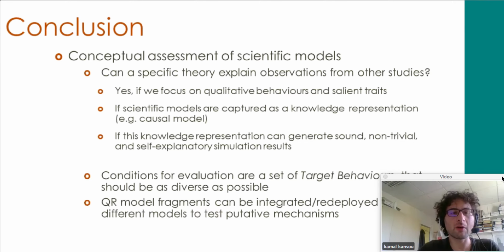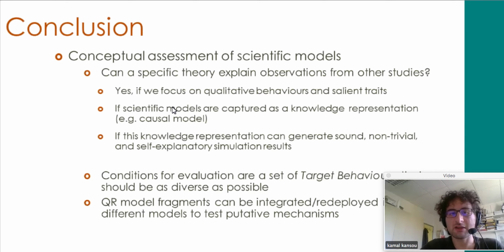about conceptual assessment of a scientific model, and we try to answer the question, can a specific theory explain observations from other studies? So the answer to this question is yes, if we focus on qualitative behaviors and salient traits first. Then we can try probably to get into details with numerical information.